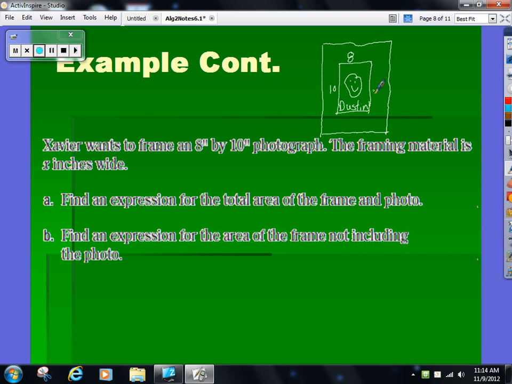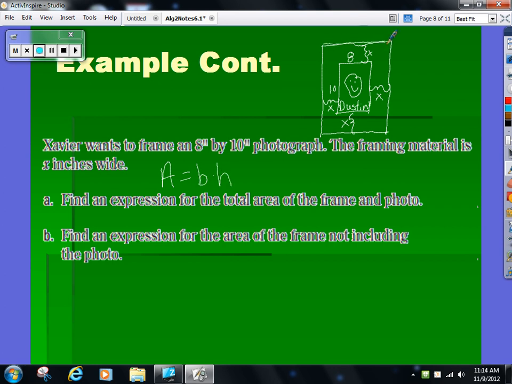So this is where you're going to mess this up. This is x inches. Guess what else is x? This is x inches. This is x inches, and that is x inches. People want to forget that both sides are coming into play here, okay? So when I want the total area of the frame, this outside area, which is the area of a rectangle, we should know this, base times height, right?